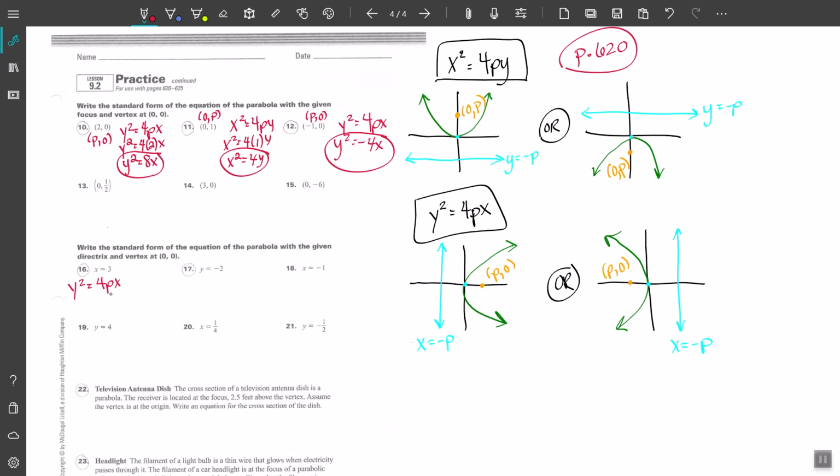Now that I've determined that, all I need is the value of p to finish off standard form. If my directrix was at x of 3, that means it looks like this one on the right here. My directrix is on the positive side of the x-axis. Then my focus, which is what I need, because remember, this is the opposite of p. I want p, so I'm going to take the opposite of it. I'm going to go the opposite direction.